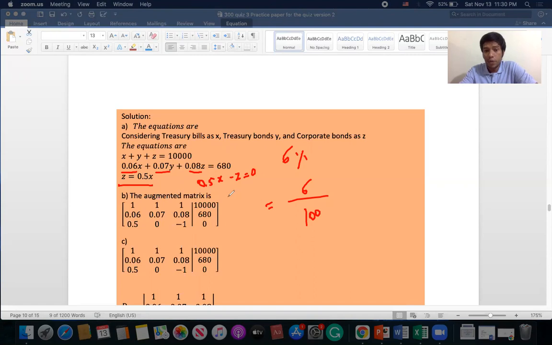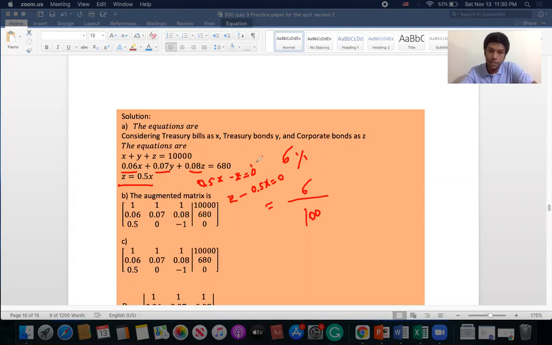Now you can say, sir, what if I write z minus 0.5x equals 0? Is that correct? Because if you send this 0.5x to this side, then 0.5x will become negative, and the other part will become 0. And if you send this z to the right side, then z is negative in that case.